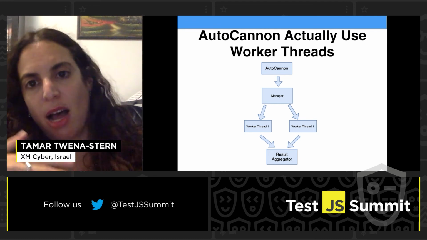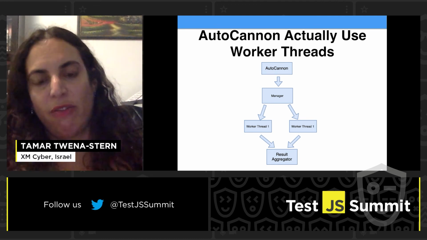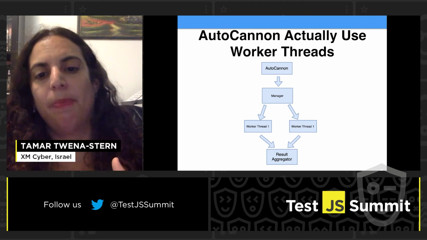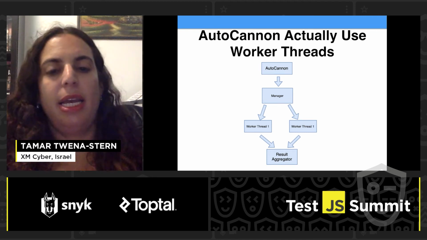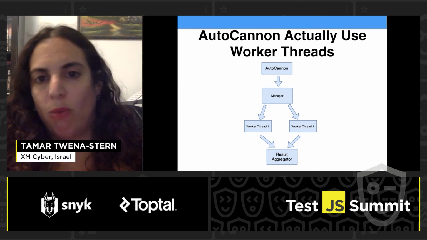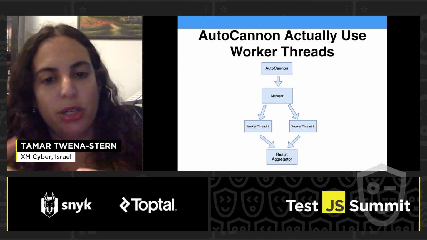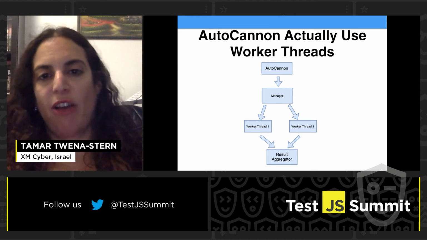It enables us to run several event loops in parallel, and it is used here in Autocannon, which is really cool. So if you want to work with several workers, you're able to do that with the -w flag.